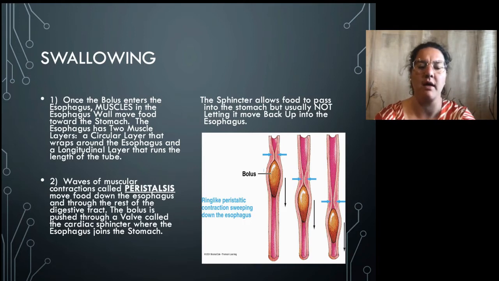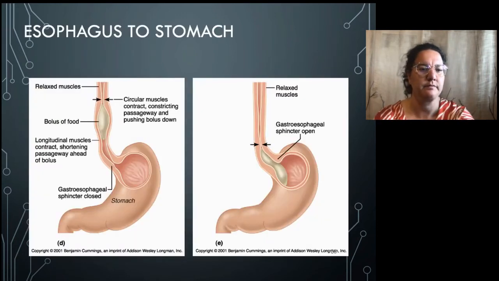Now, at the bottom of the esophagus, there is a cardiac sphincter, which allows food to pass into the stomach, but ideally, we don't let food move from the stomach back up into the esophagus. So you can see there where we have relaxed muscles, contracted muscles are going to constrict above the bolus of food so that it keeps pushing it down into our stomach.